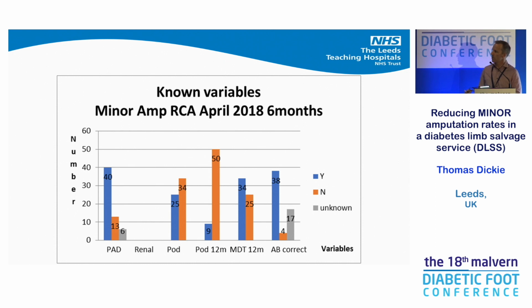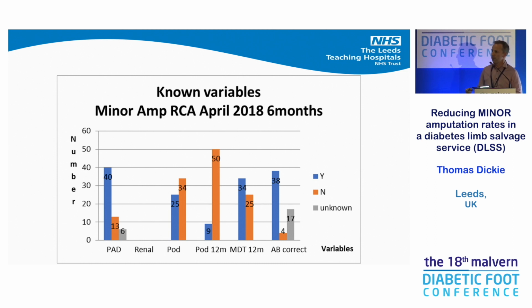This is looking at the variables across the database and the numbers that were known to the vascular service, and 13 missed opportunities from a vascular issue. The most striking point was the fact that podiatry was not accessed, within the community podiatry and hospital based, and this is accessing podiatrists in the last year.